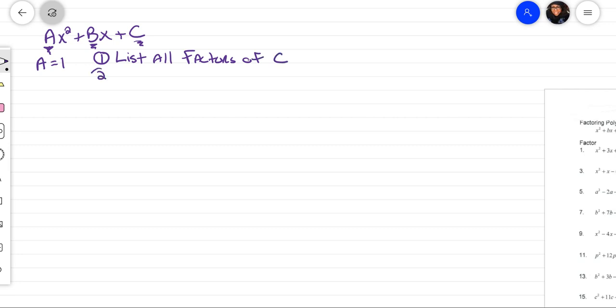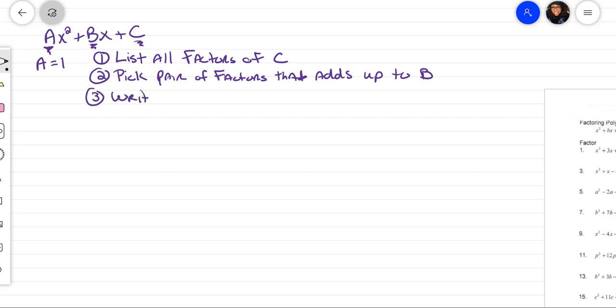Step 2, we pick the pair of factors that adds up to b. And for step 3, we just write our two binomials.